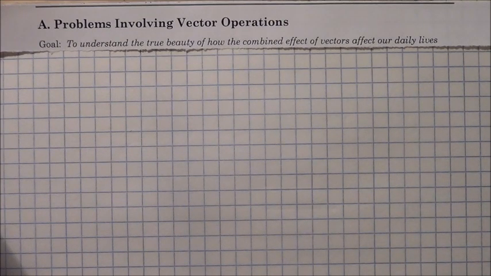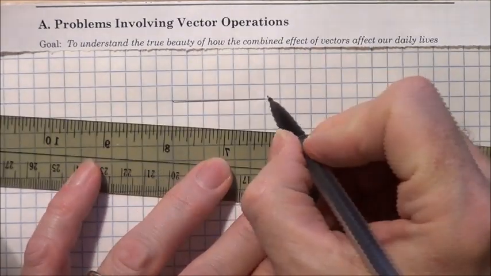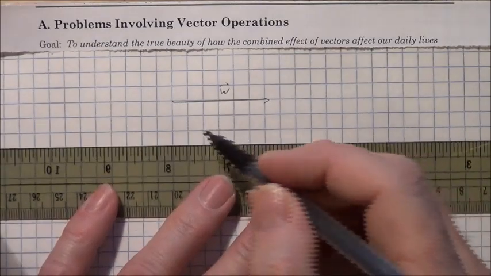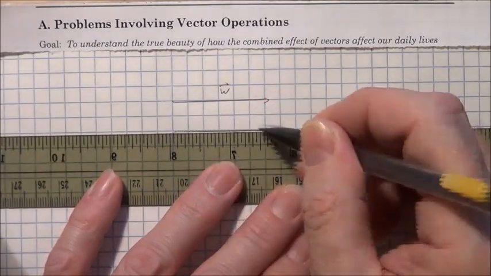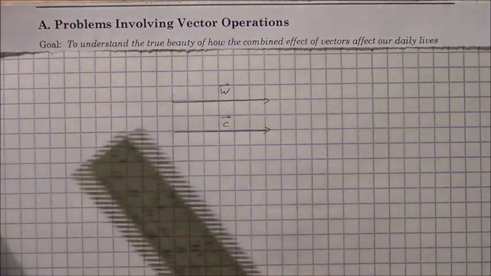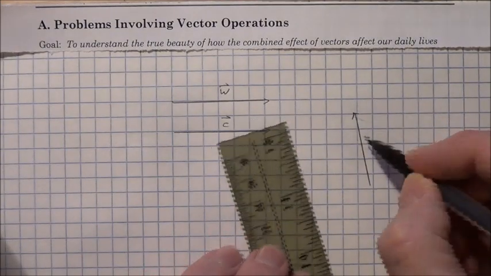So we know that there are vectors in our world. Some of the vectors could be a vector of wind, for example. It could be a vector of current. It could be the vector of a plane flying.